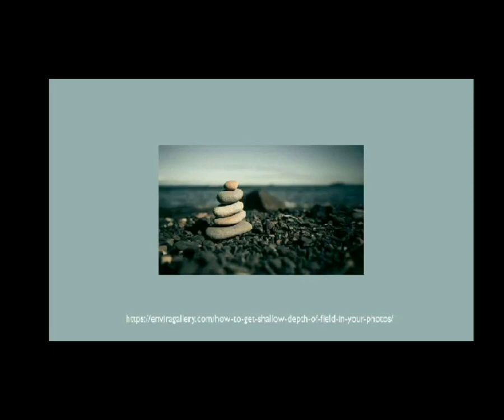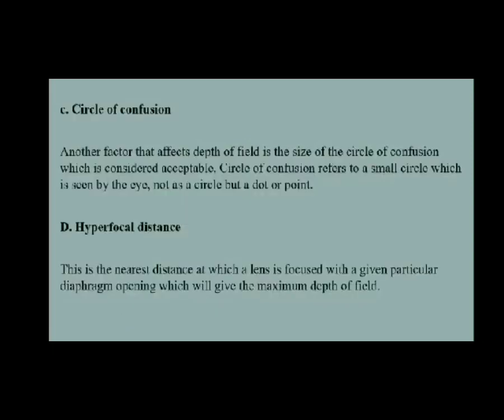Next is the circle of confusion, another factor that affects depth of field. There are four factors that affect depth of field. What we discussed earlier: the first is the size of the diaphragm opening.